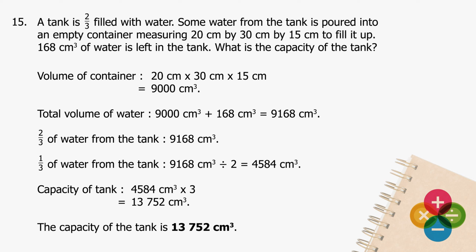The capacity of tank will be, multiply 4,584 cm³ by 3, and the product is 13,752 cm³. The capacity of the tank is 13,752 cm³.